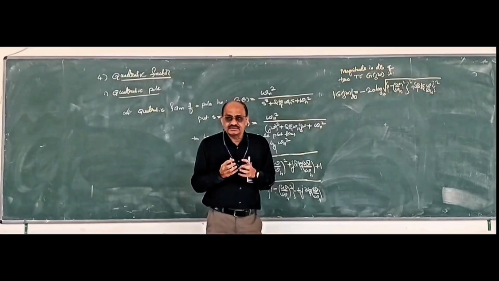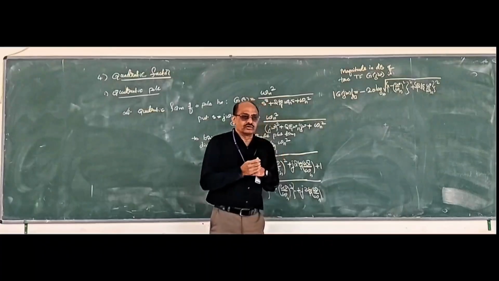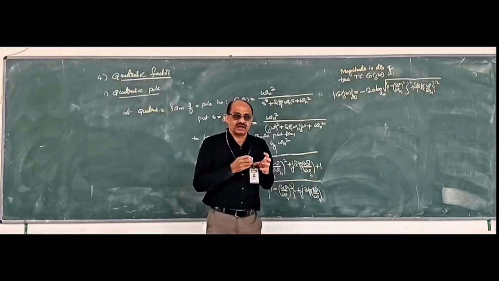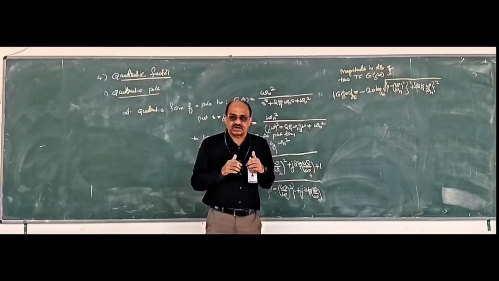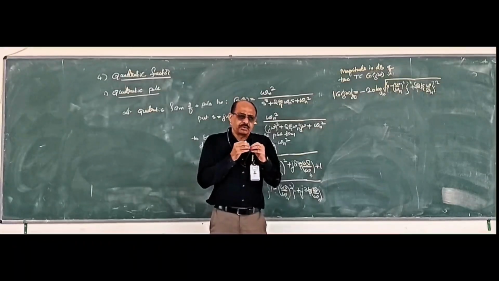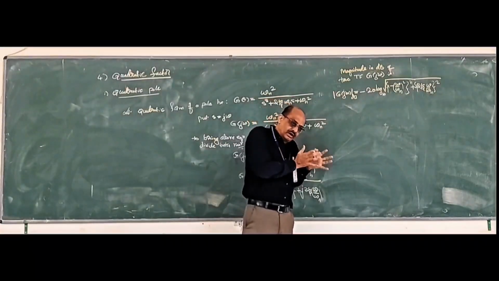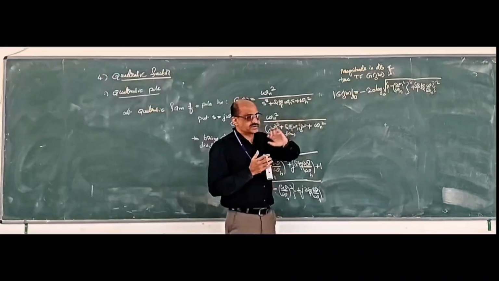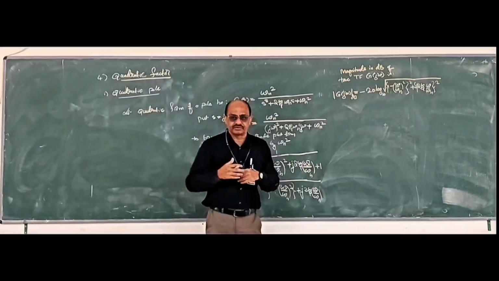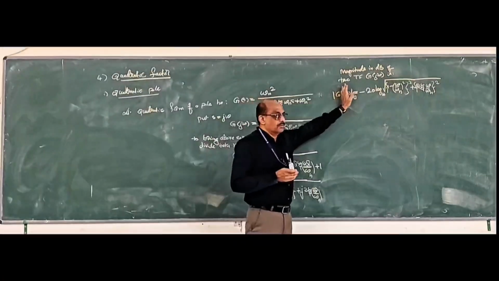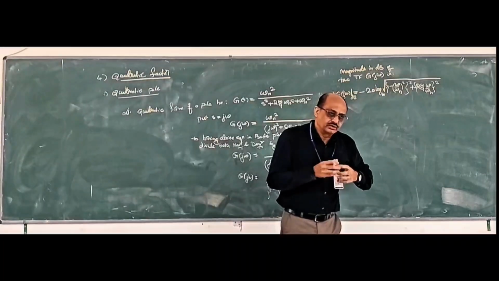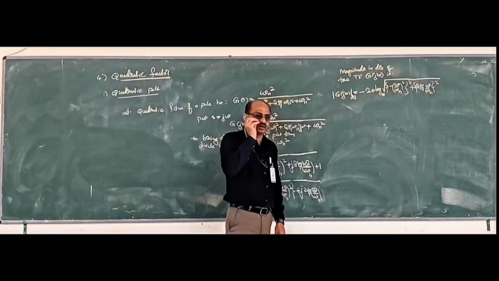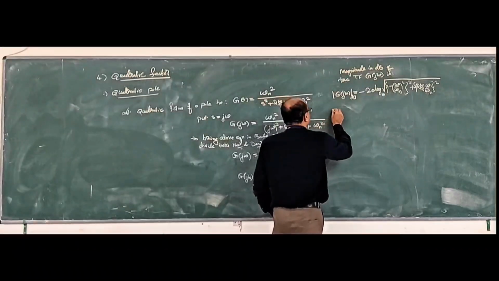We are analyzing this at a lower frequency and a higher frequency to get the asymptotic or approximate straight line. We go for this simple analysis wherein we see what happens to this magnitude at very low frequency and at very high frequency. It will be converted into a very simple straight line. Let me go for that.